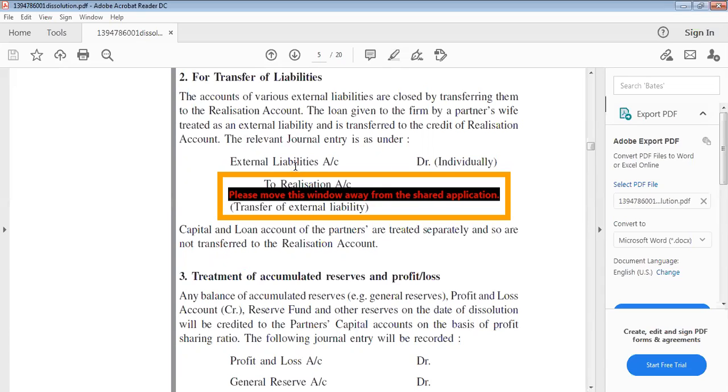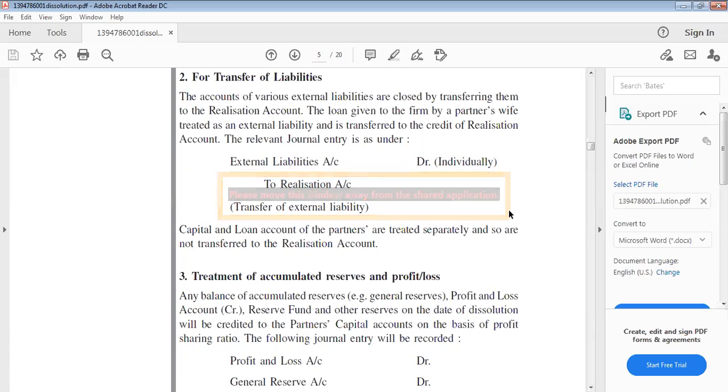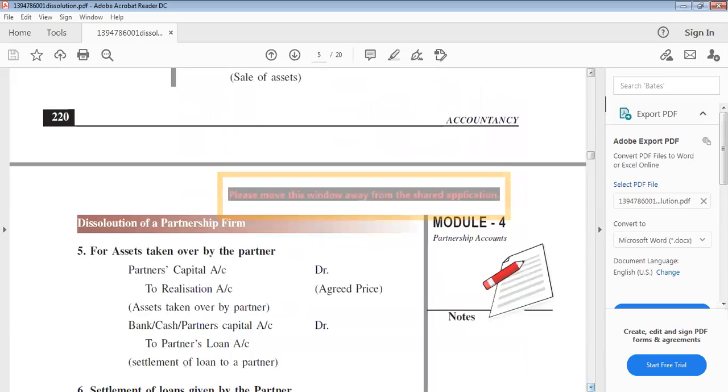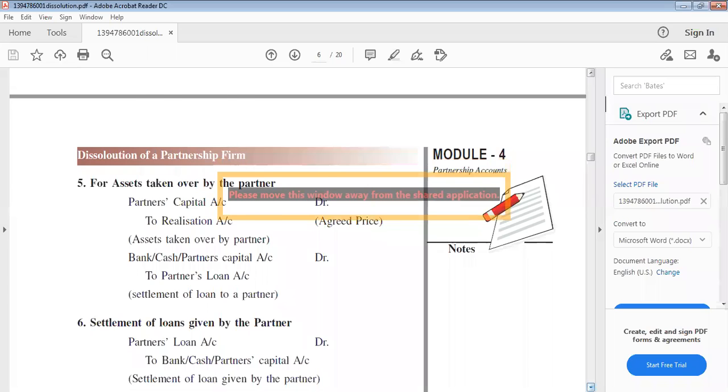So you debit the external liabilities account, that's a different case. Let's see which one I'm looking at now.